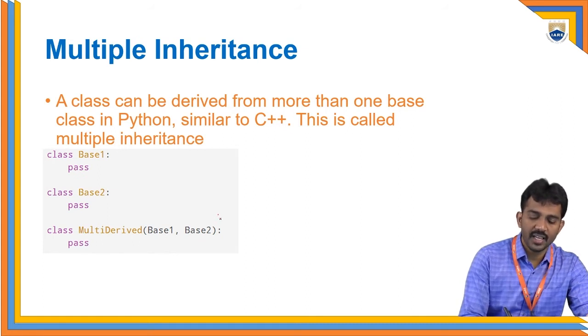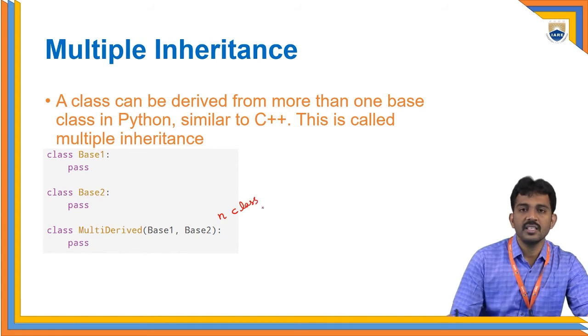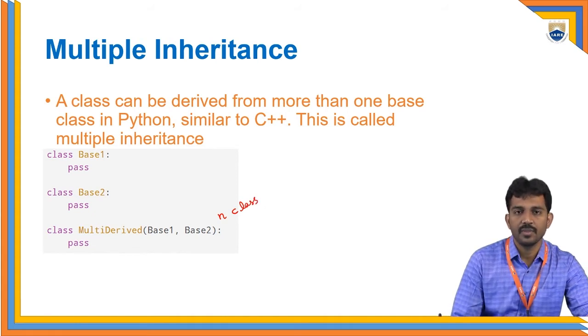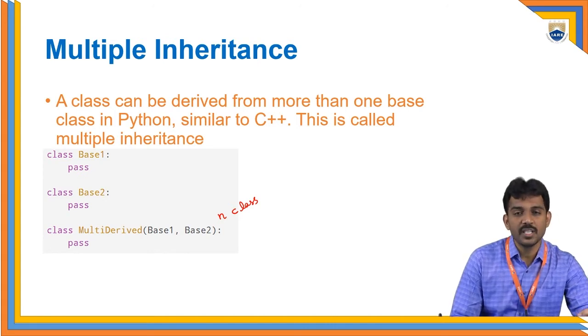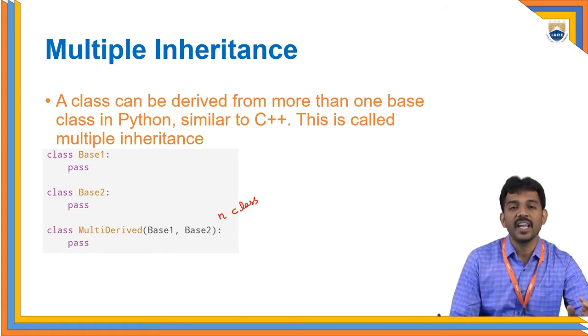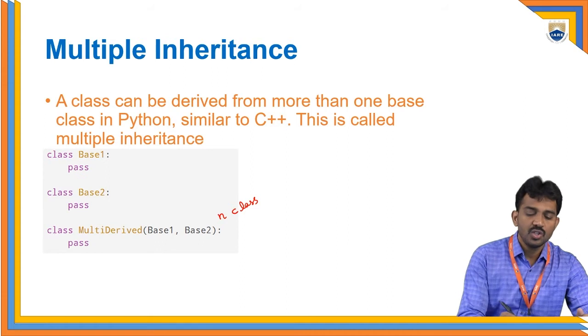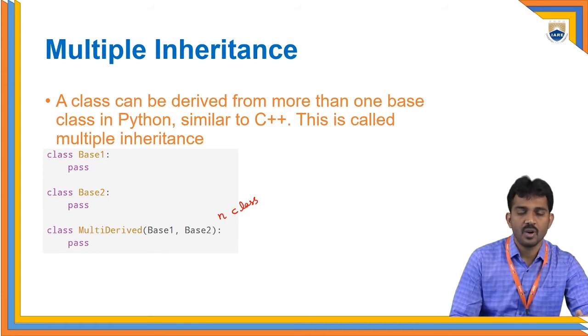Like that, you can inherit n classes. But please note this: Java doesn't support multiple inheritance. If you want to achieve multiple inheritance there, you should go to interfaces. We'll see an example in the editor for multiple inheritance also.